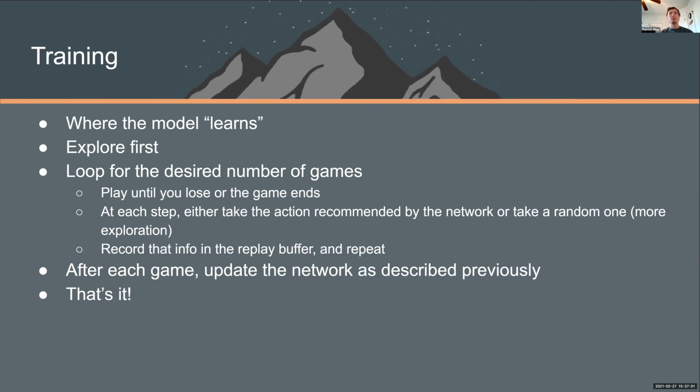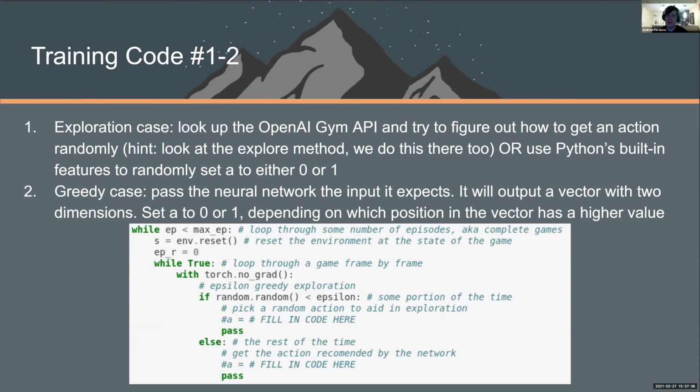That's what we were talking about with the epsilon variable earlier: the value you set is the likelihood of picking a random action. Then you record the action you took, the state, the reward, and the next state into the replay buffer, and repeat. After each game concludes, you update your network as previously described, and that's it. You run that for a long time, and eventually the network will learn to play the game. In theory. Hopefully.